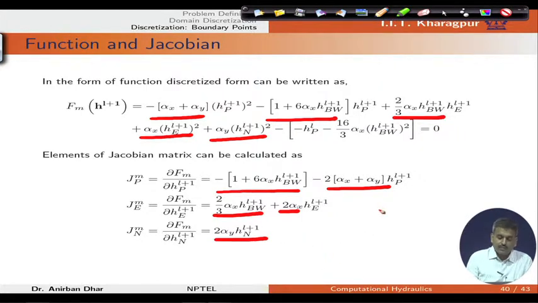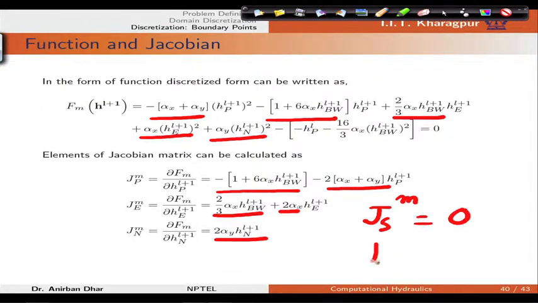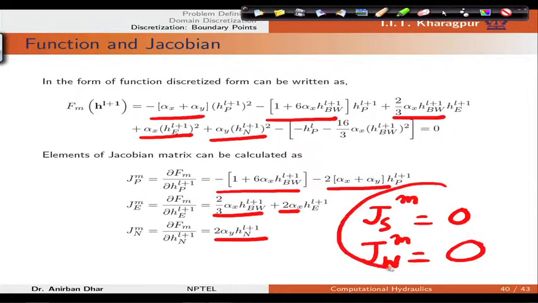So, we do not have Hs m equals to 0 and Hw m equals to 0. So, this is the condition for our Jacobian matrix.